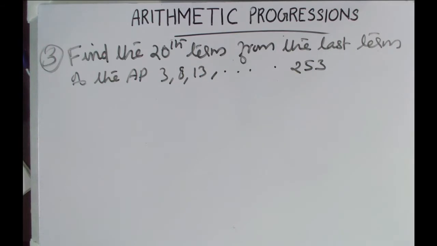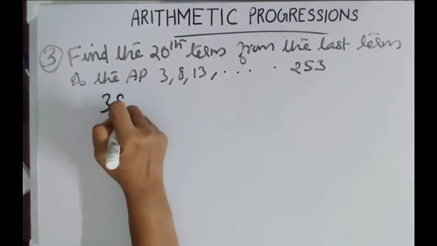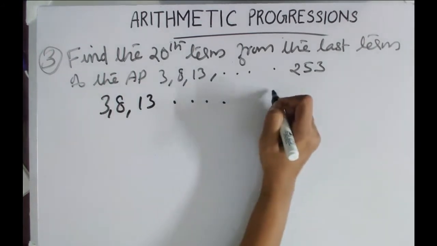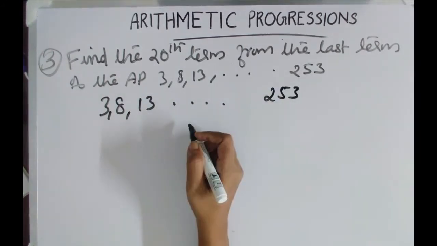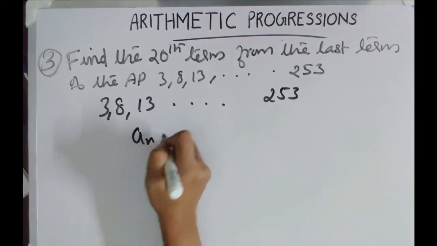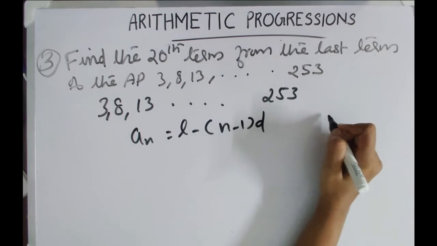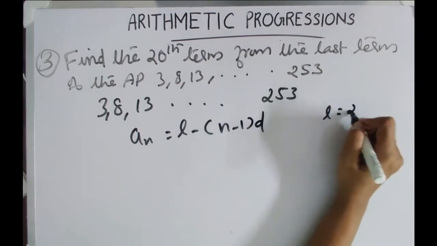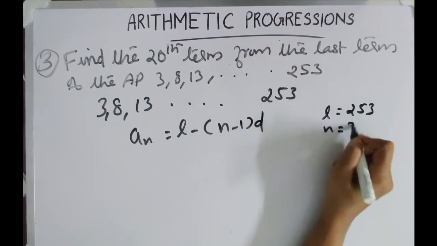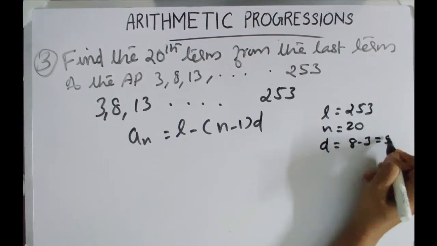Next question: find the 20th term from the last term of the AP 3, 8, 13, etc., 253. Here we can find the 20th term from the last term using the formula an equals L minus (n minus 1) into D. Here L is the last term, that is 253, n is equal to 20, D equals 8 minus 3, that is 5.